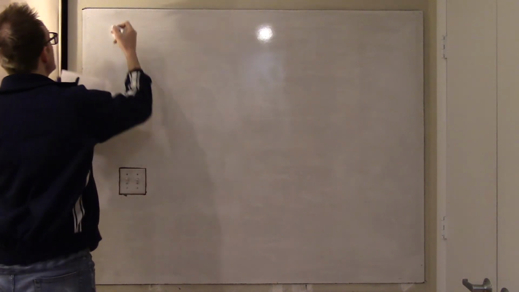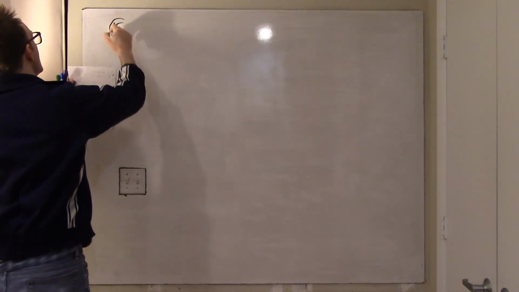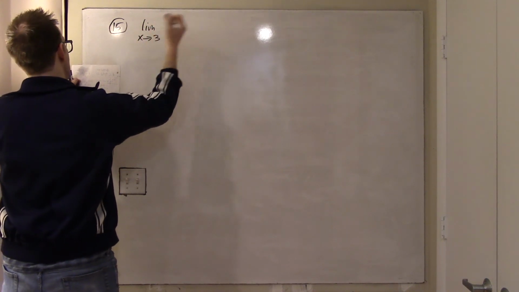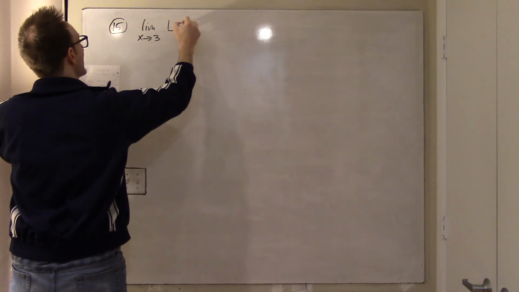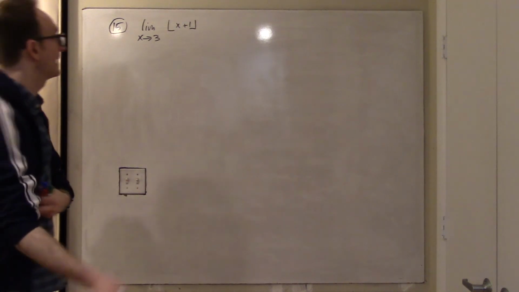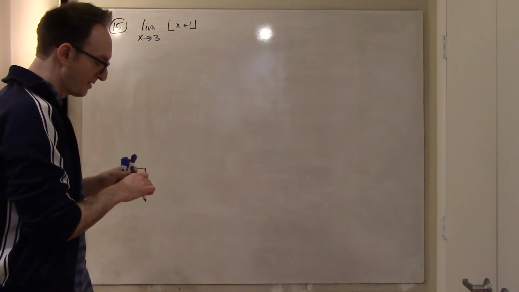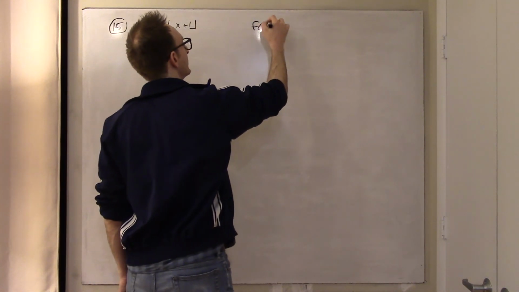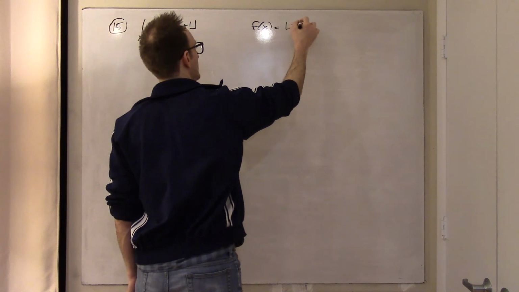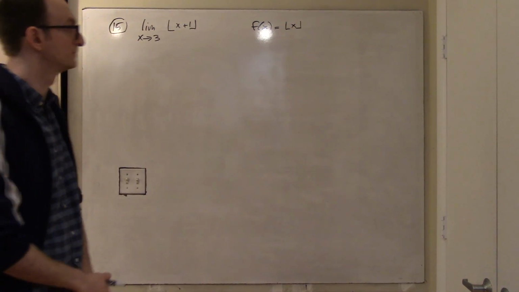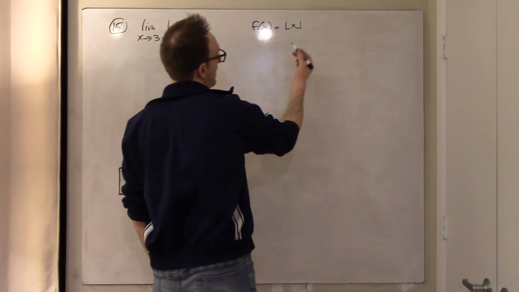Good. 15. This is the limit as x approaches 3 of floor of x plus 1. What is the floor function? I think you know this from Comp Sci and also from last year. Floor x is this function which just drops down to the closest integer, if it's not already an integer.